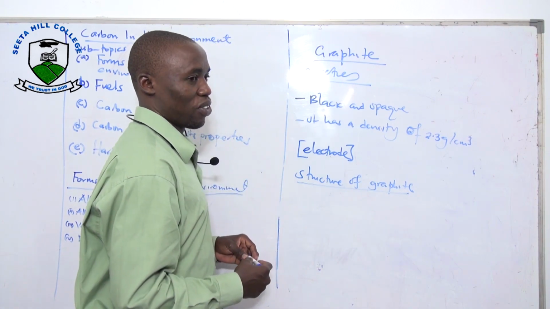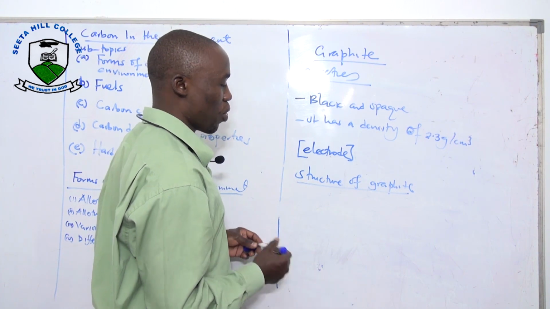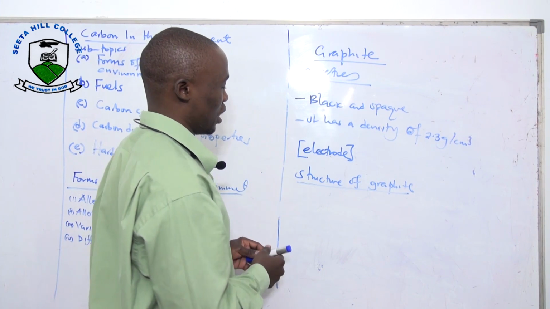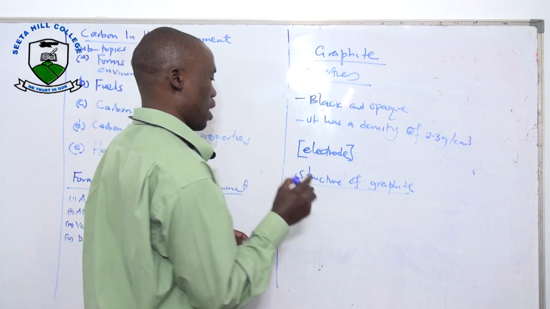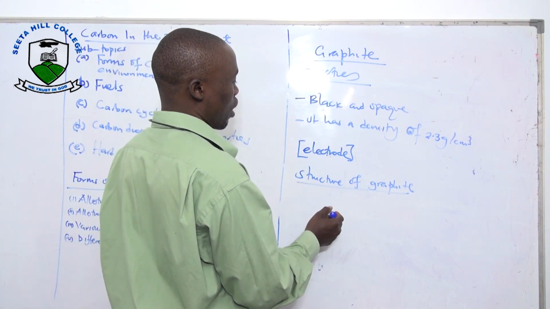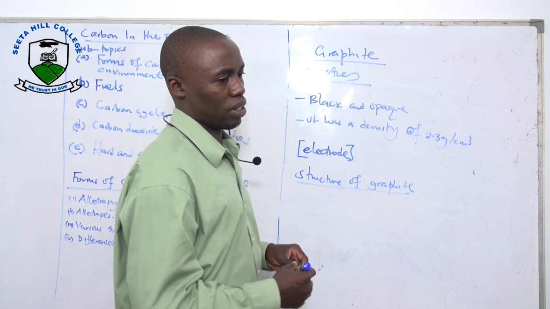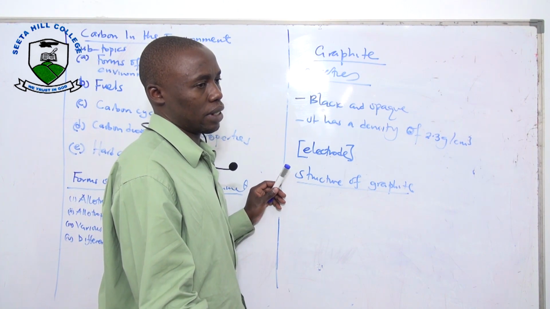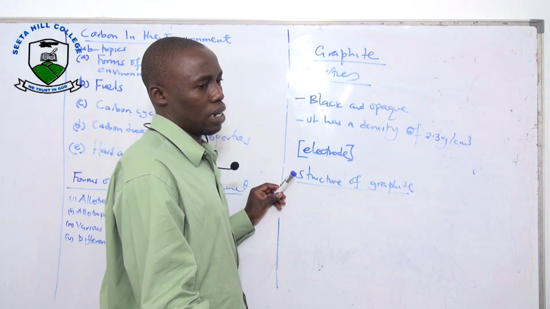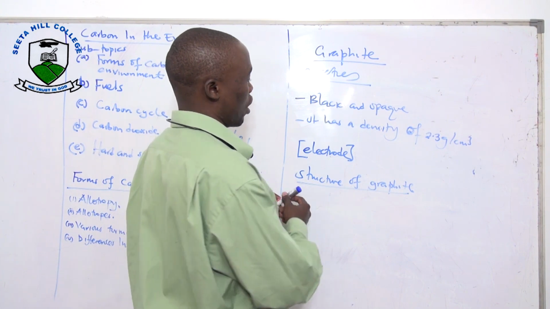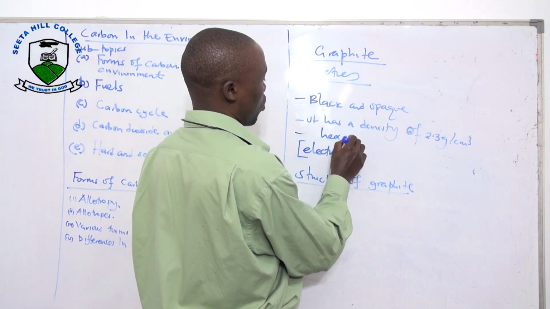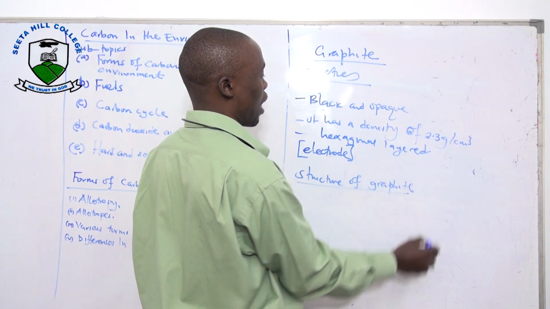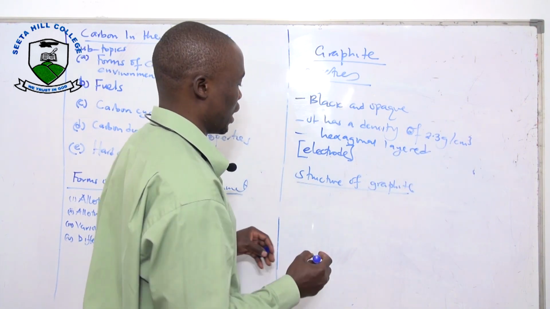Now graphite conducts electricity because it does not use all the 4 electrons. In graphite, you need to listen here very well. We didn't say it has a hexagonal layered structure. That structure, you left it out in the properties. Hexagonal layered means it has layers of hexagons.